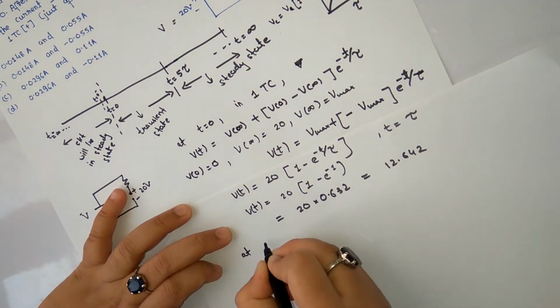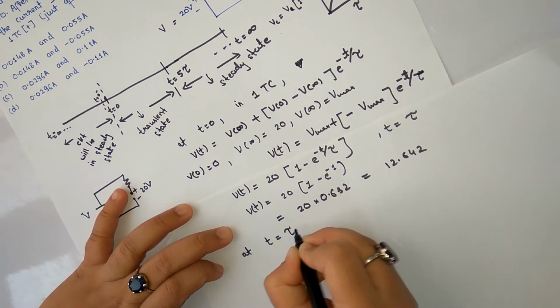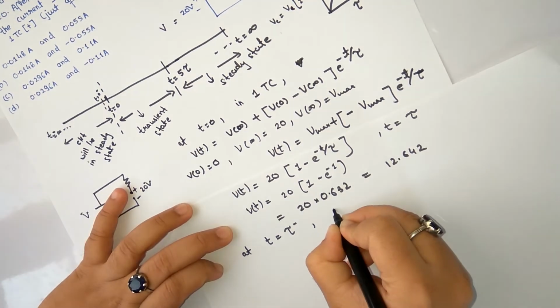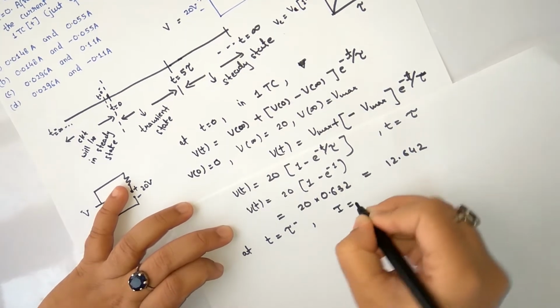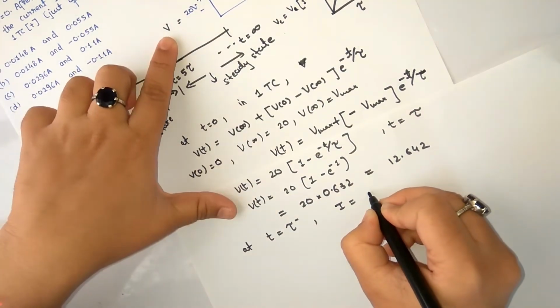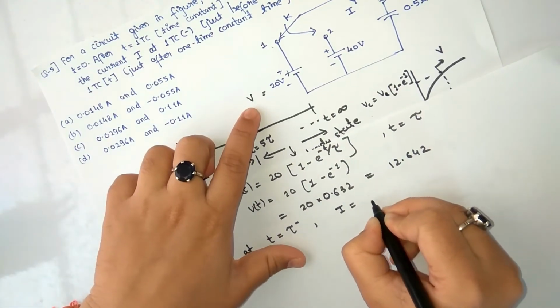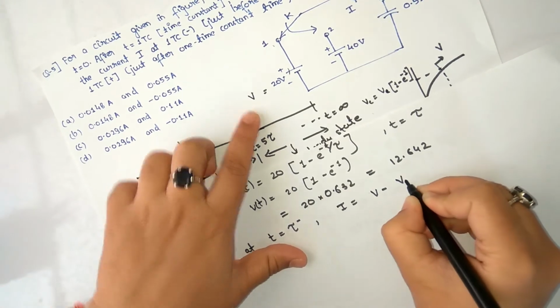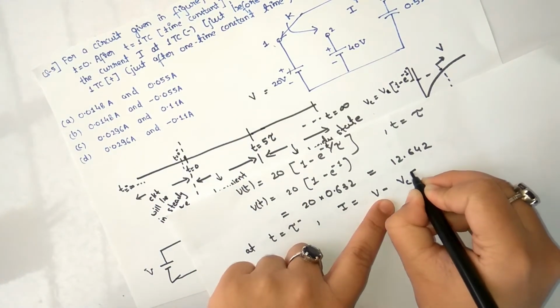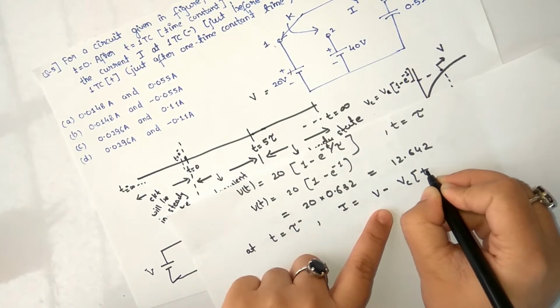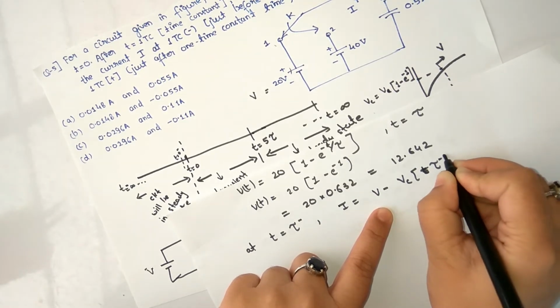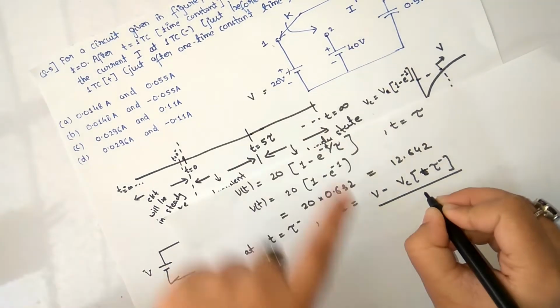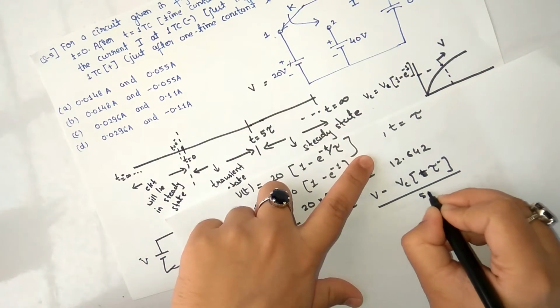At t equal to tau minus, the current I is given by this voltage V minus whatever voltage the capacitor is storing at tau minus, upon whatever the resistance is.